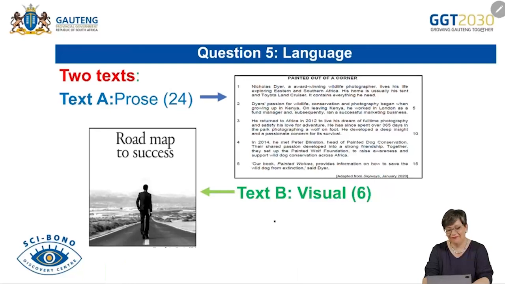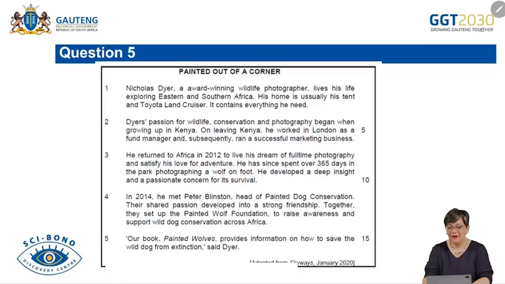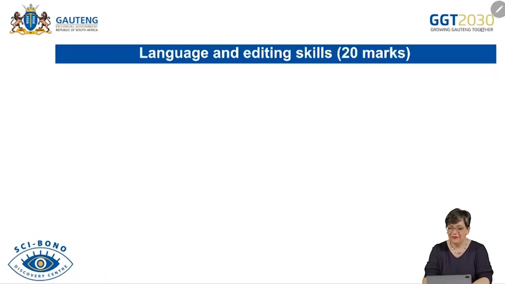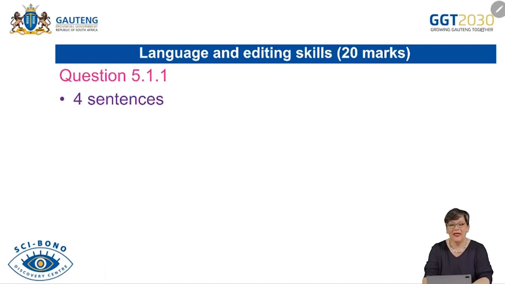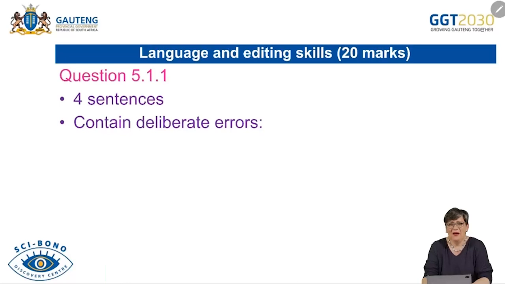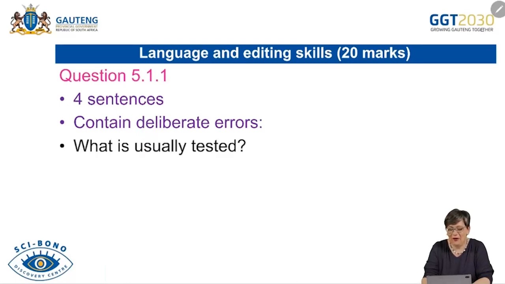Right. Now, look at your questions. Question 5.1.1 is usually 3 or 4 sentences that contain deliberate errors, and you will be required to identify those errors. But how do you know what to look for? Oh, let me tell you a secret. Here we are.